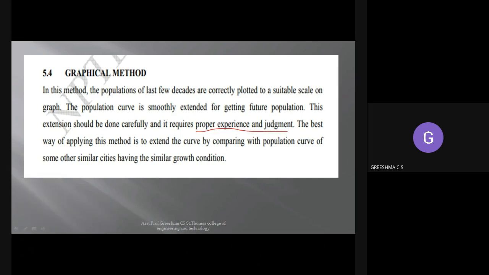The best way of applying this method is to extend the curve by comparing the population curves of similar cities having similar population growth. These are the 2 important points to be noted in this method.